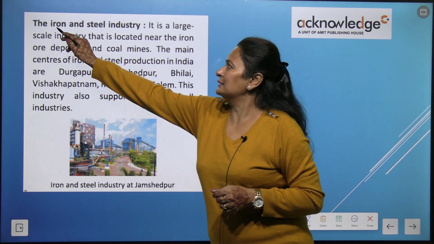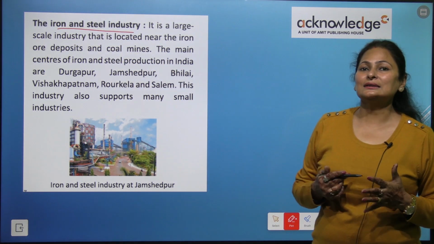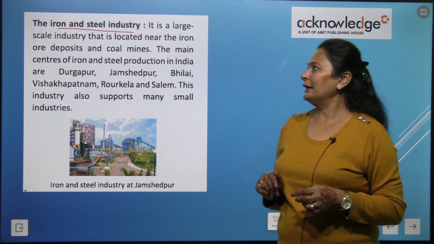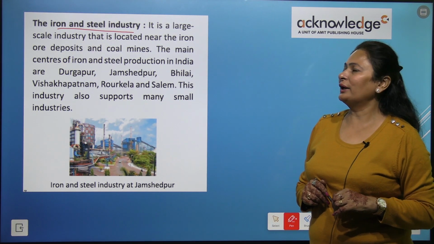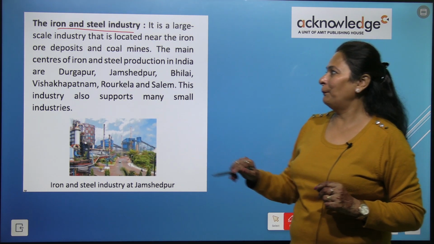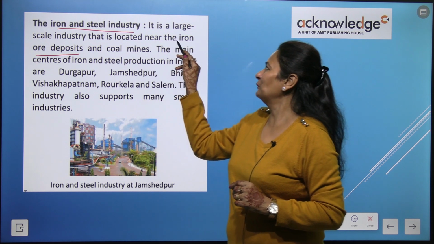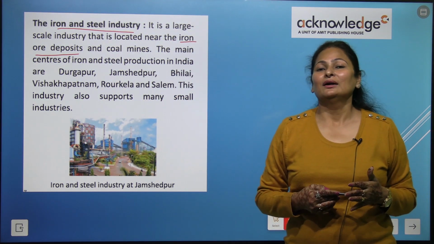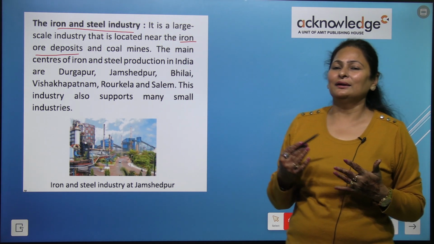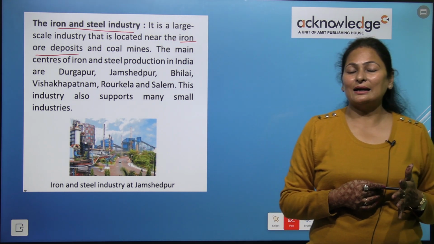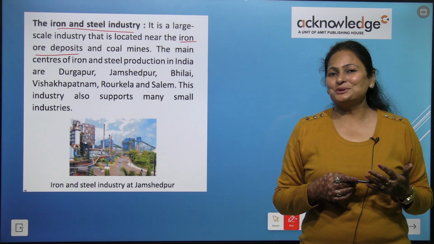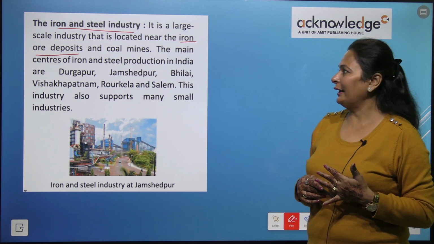The first is the iron and steel industry, right? It is a large scale industry that is located near the iron ore deposits, right? It is important, as I told you, the industries are set up where the raw materials are easily available or near the source of raw material, right?